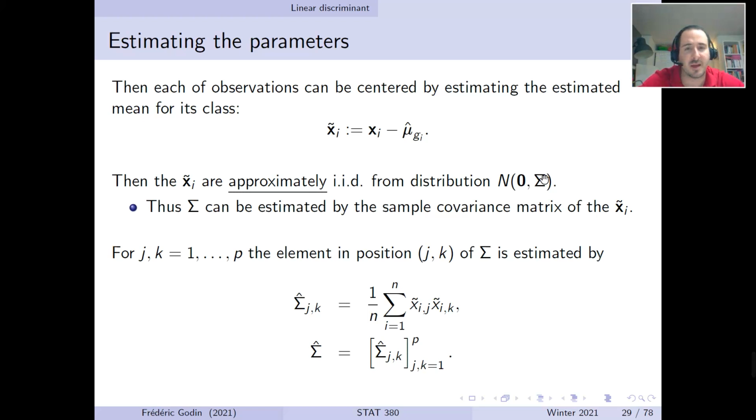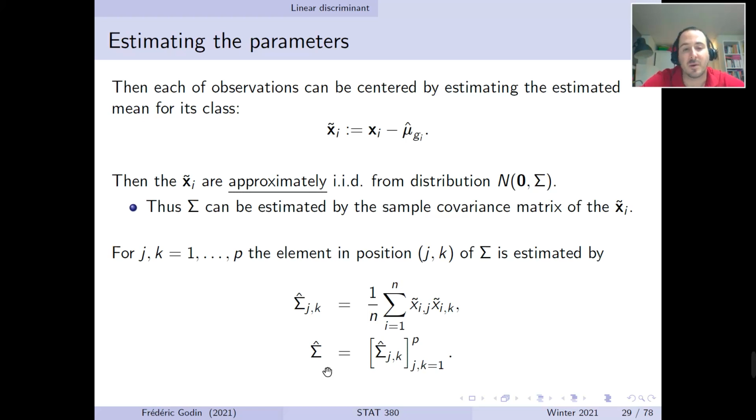So what we can do then is estimate sigma by taking the sample covariance matrix of all observations x tilde i. To estimate sigma, we take all observations, not only those from a single class, and we assume they have zero expected value because we've centered them, and they all have the same covariance matrix.